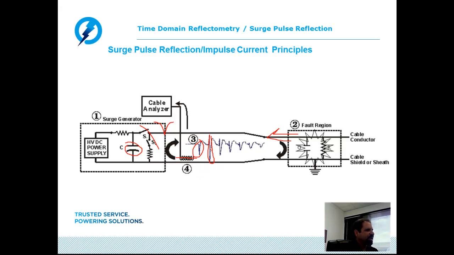And then this repeats as this transient oscillates between the thumper capacitor and the arc, causing a repetitive transient wave diminishing in amplitude as the energy is being dissipated. But if we measure between any two consecutive points, in essence, we've measured distance between the thumper and the fault.